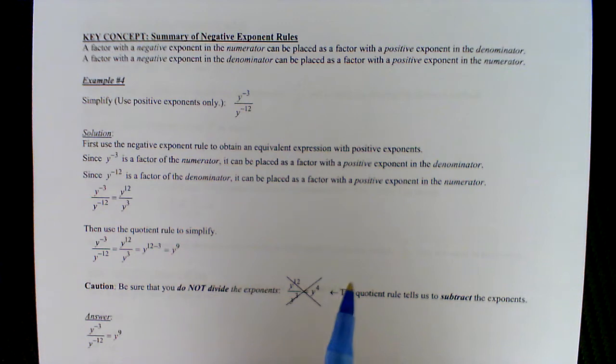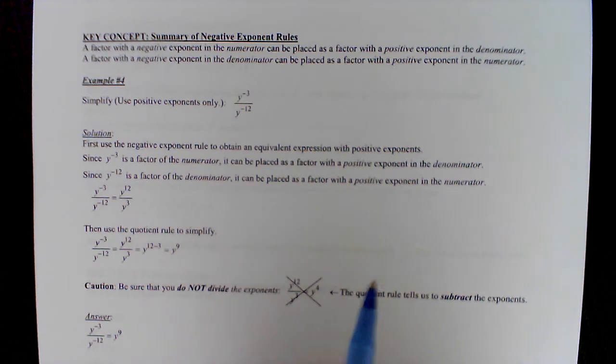Basically, if there is a negative exponent in the numerator, you could shift that quantity to the denominator and make the exponent positive. And similarly, if there's a negative exponent in the denominator, you could shift that quantity to the numerator and make the exponent positive. And then just deal with positive exponents.